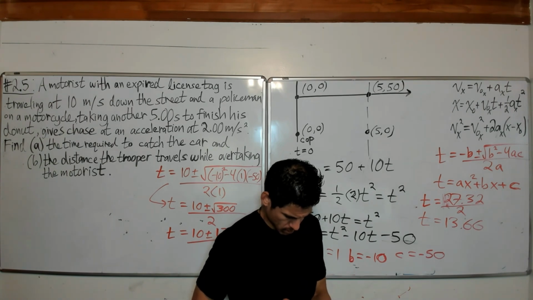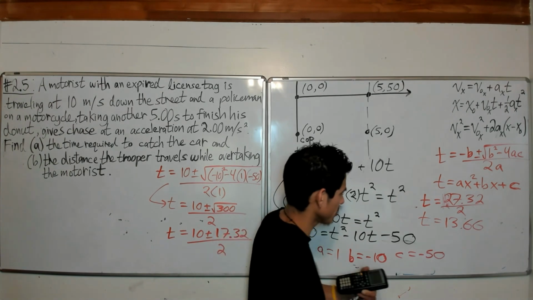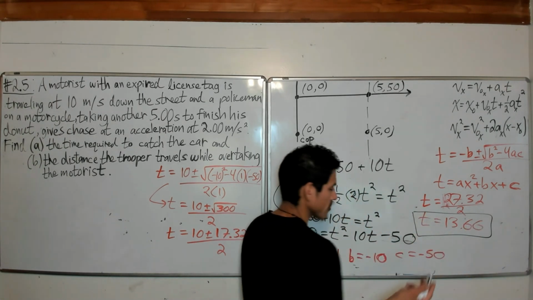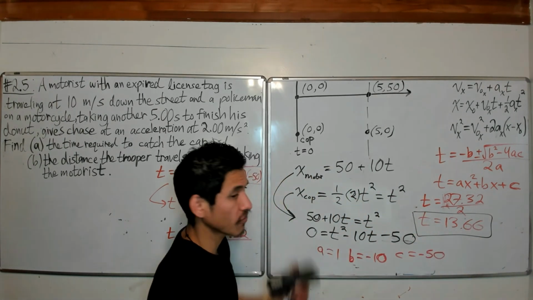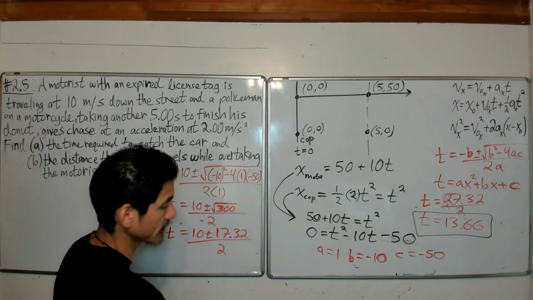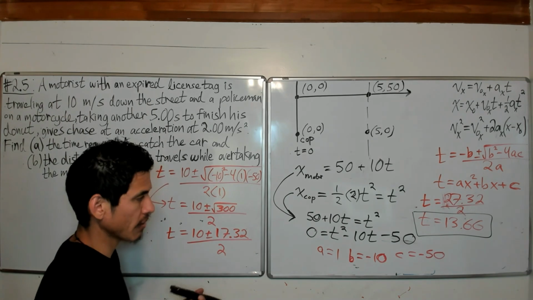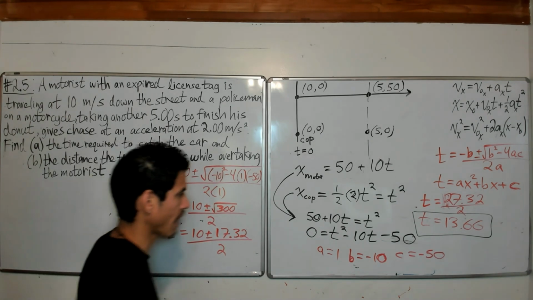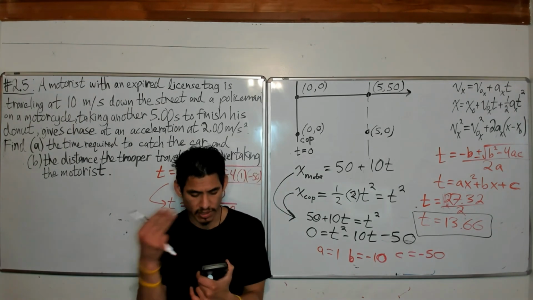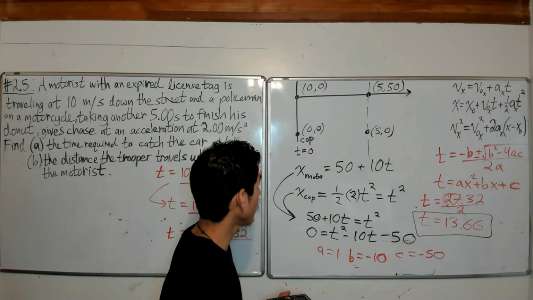Yeah, 13.66. All right. So it's going to take the cop about 13.66 seconds, a little under 14 seconds, to catch the guy. I assume the guy will stop. He has to keep on going after him like Fast and Furious or whatnot, but 13.66 seconds to line up with him. And then how far do they go?